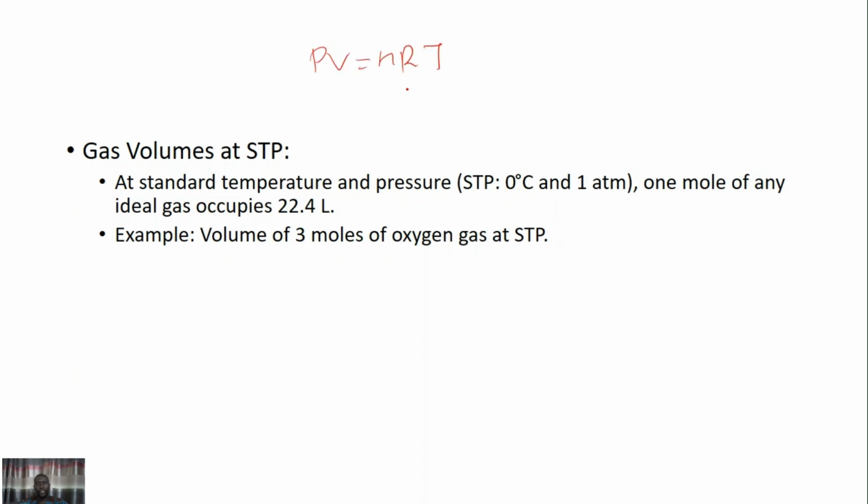You can watch my video on kinetic theory of matter and gas laws, where you come across this equation. It is from this equation that we know that at standard temperature and pressure, standard pressure is 1. If you replace it in this equation, let's say P is 1, and we want to know the volume of 1 mole of a gas, n will be equal to 1.